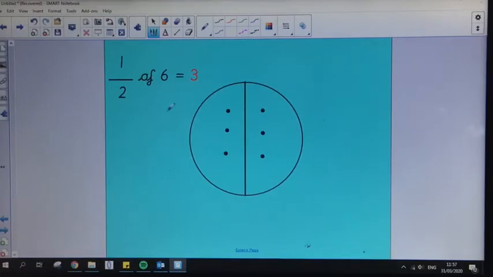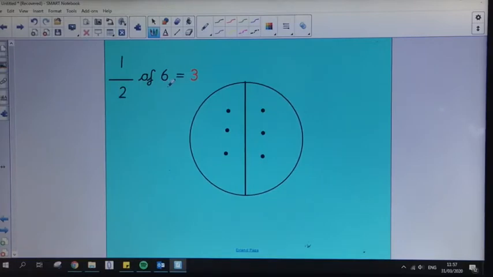Okay, another way that we can do this, and it's the way that us year 2s have been using a lot more because it's nice and quick, and we've started to build up our knowledge of our times tables, is by using our times tables. Now because we are dividing by 2, 2 is our bottom number of our fraction, we're going to count in our 2 times tables until we reach the number 6.